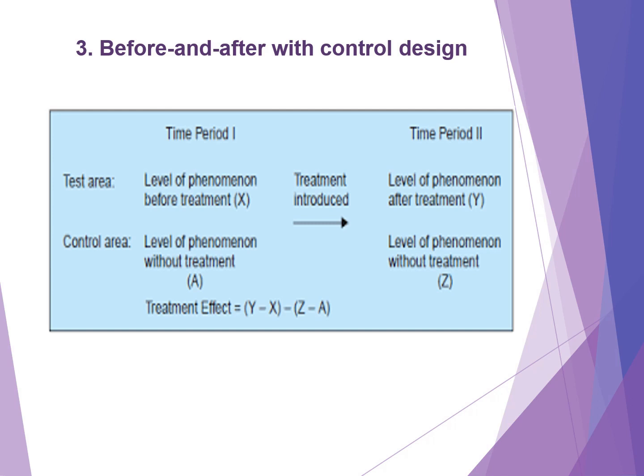As we can see, the level of phenomenon before treatment is X in the test area, and once the treatment is introduced the level of phenomenon after treatment is given as Y. In the test area we have a measure as Y minus X, and in the control area the level of phenomenon without introducing any treatment is given as A, and in the identical time period we can also measure the level of phenomenon without treatment in the control area, that is Z, and the overall treatment effect can be given as (Y minus X) minus (Z minus A), that is, in the test area minus in the control area.